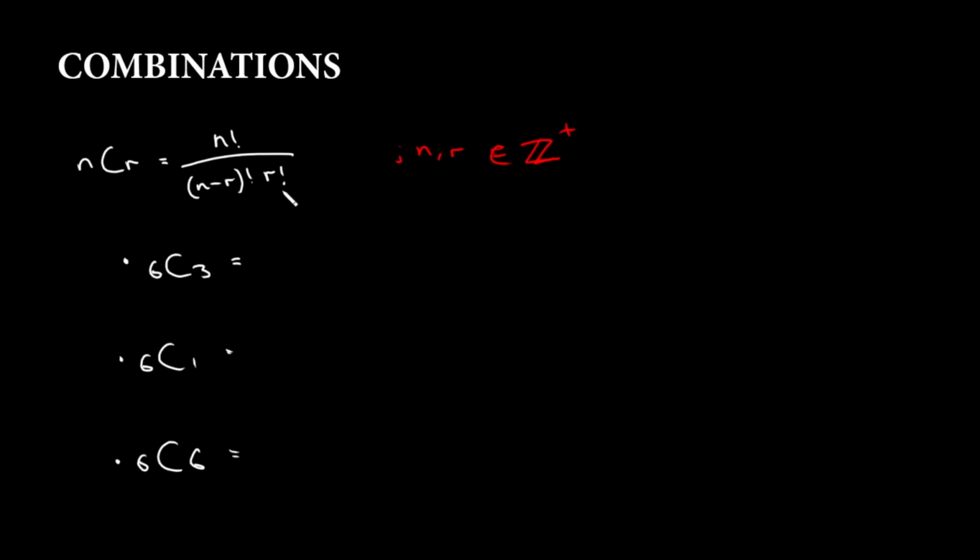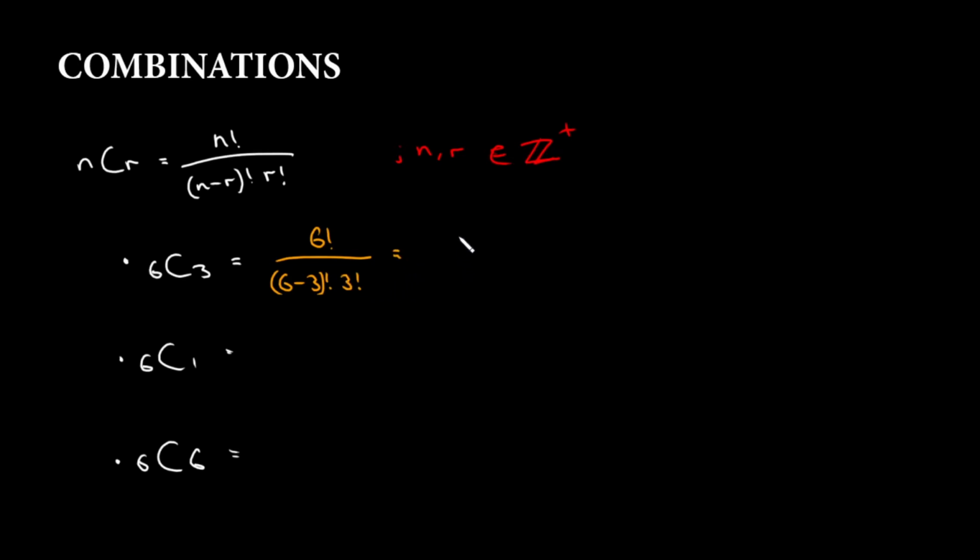But purely from an algebraic standpoint, this is the identity: n combination r, or nCr, is equal to n factorial over n minus r factorial times r factorial. So if you take 6C3, for example, 6C3 is equal to 6 factorial over 6 minus 3 factorial times 3 factorial.